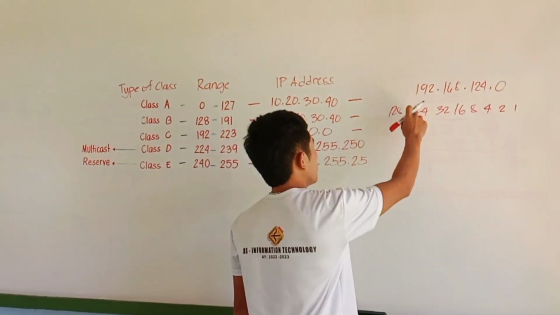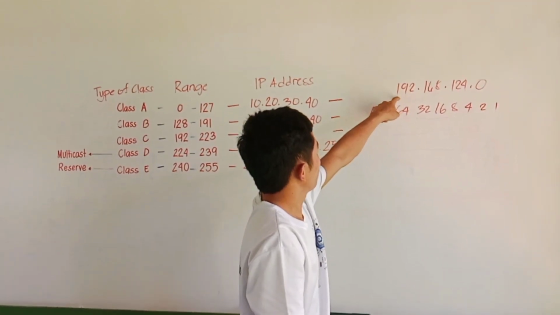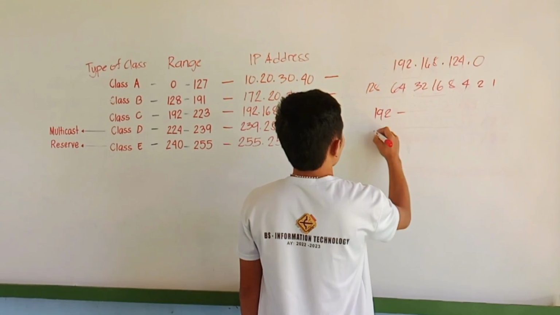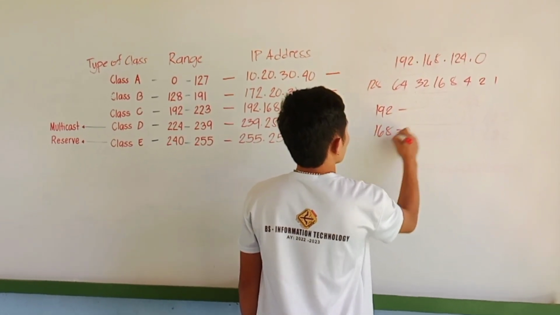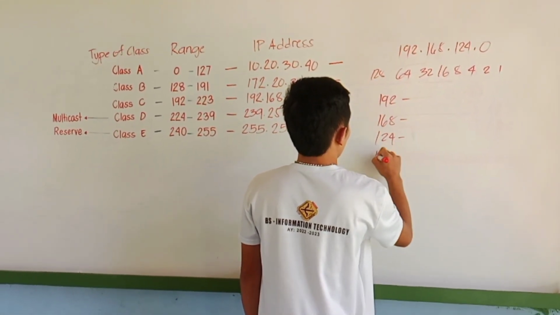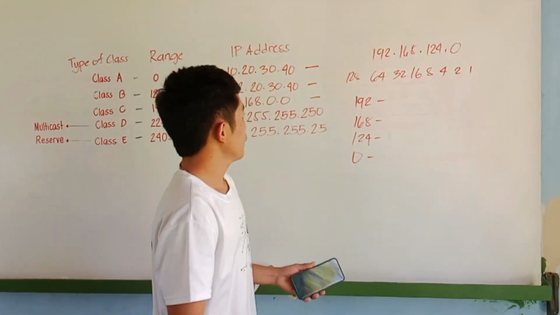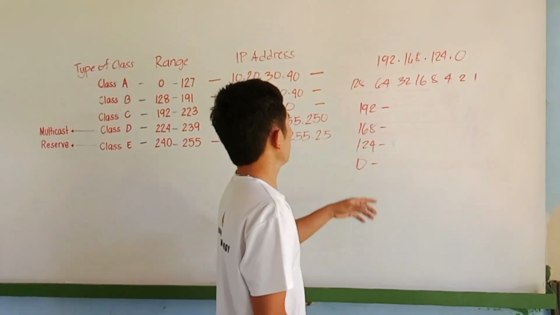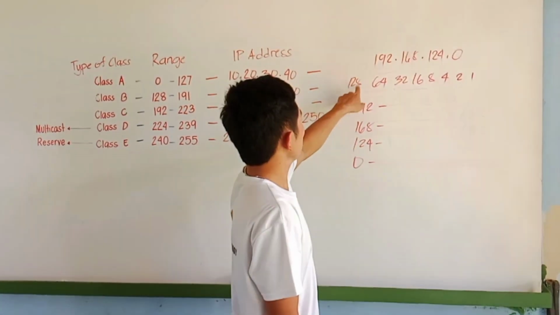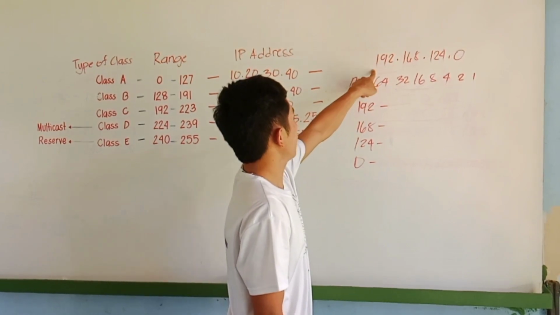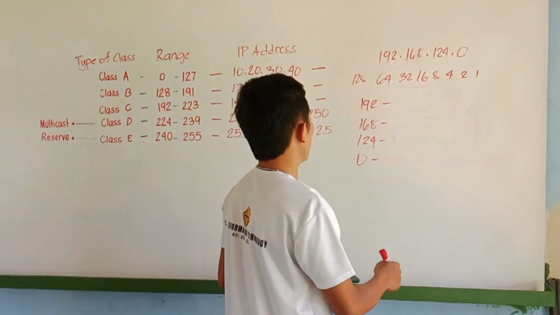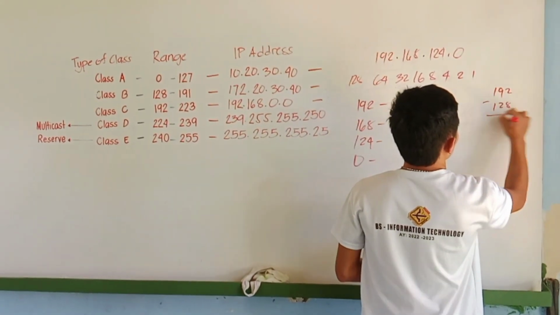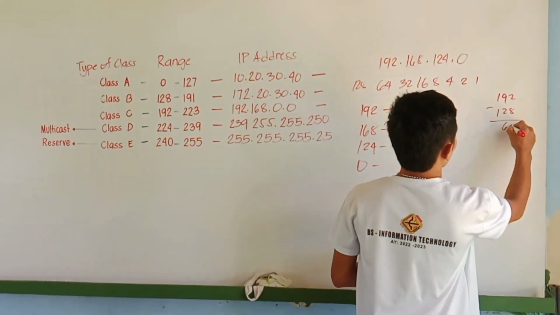So we can determine the first octet, 192. So 192, 168, 124, 0. First, we need to subtract 128 from 192. I am going to use 128 because 192 is bigger than 128. So 192 minus 128 will be 64.